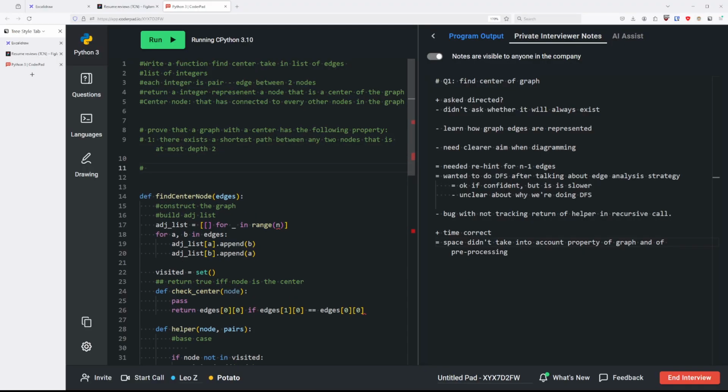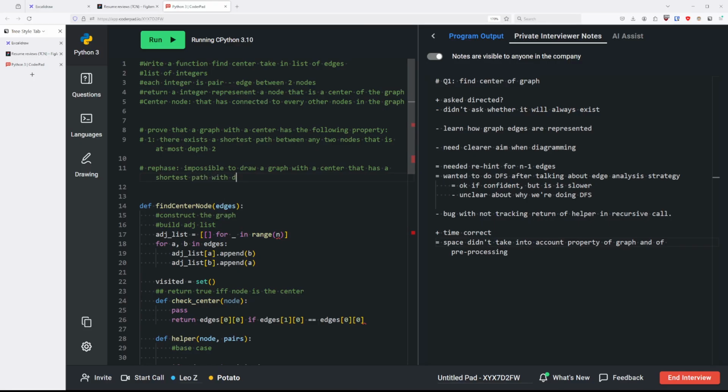In other words, you can rephrase it: it's impossible to draw a graph with a center that has a shortest path with depth 3 between any nodes. So you can do it for homework.